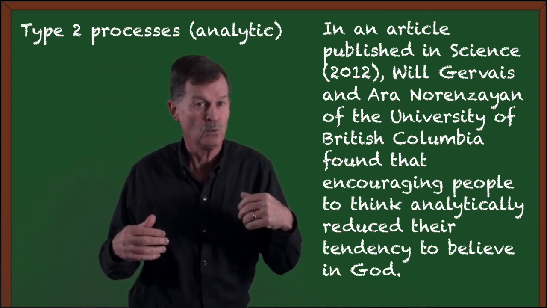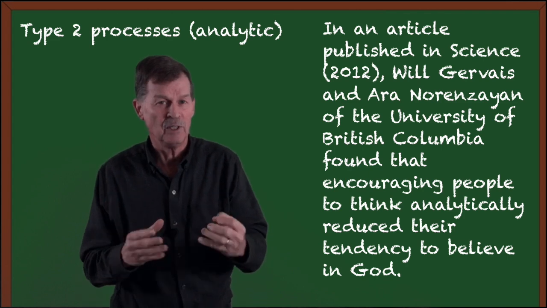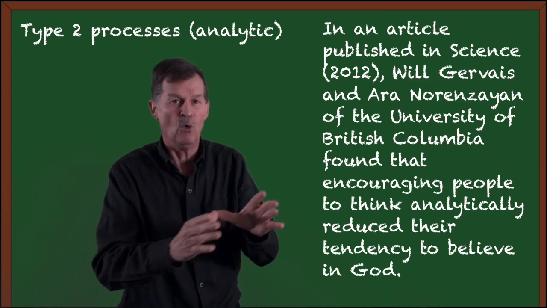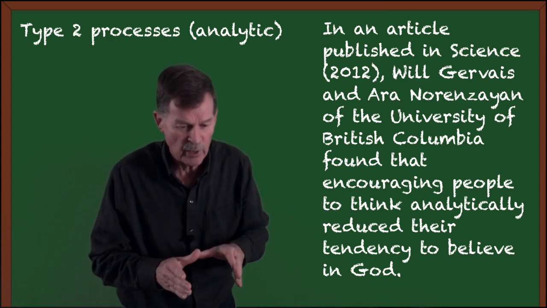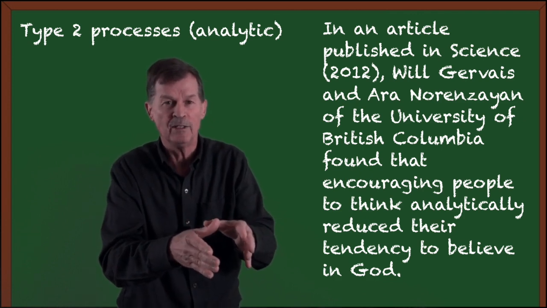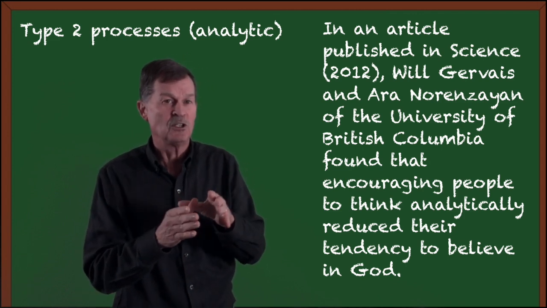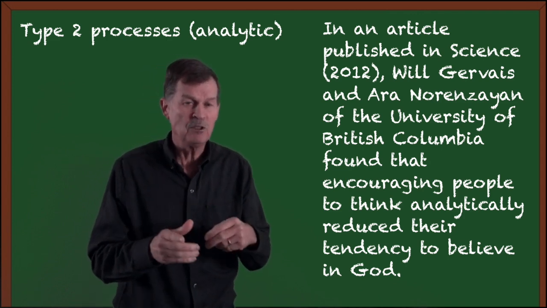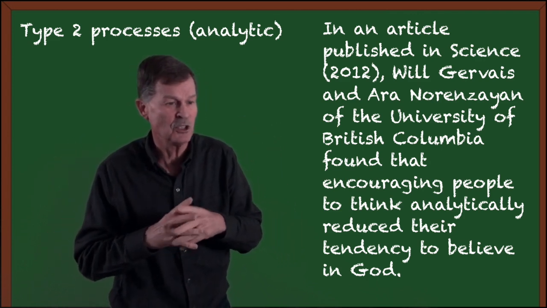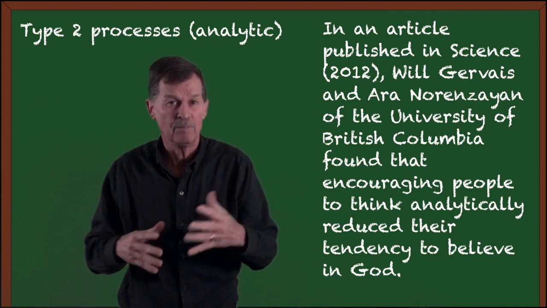So we can manipulate what people believe by focusing on one system or the other, in that we are getting people to think a certain way. That certain way has consequences. System 1 is open to intuition, it's open to other sources of reliable knowledge, which then opens them up to a belief in God.